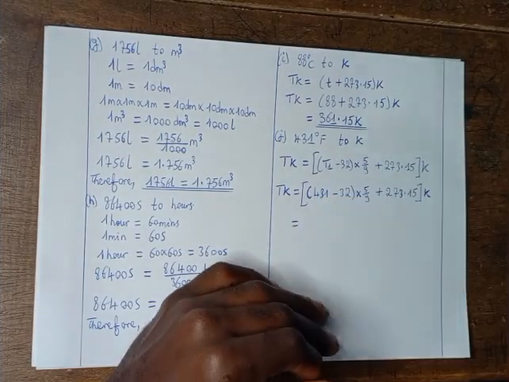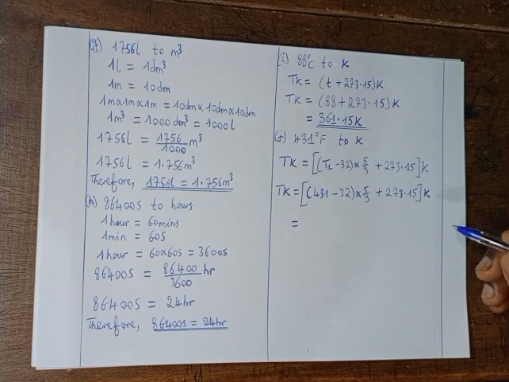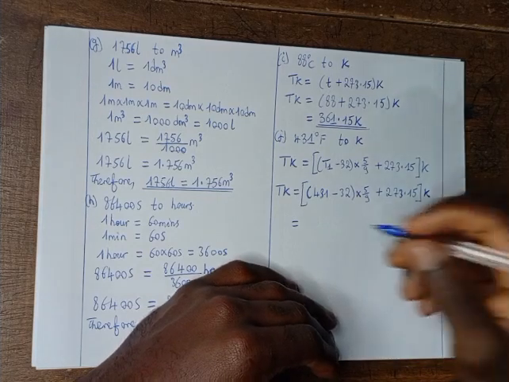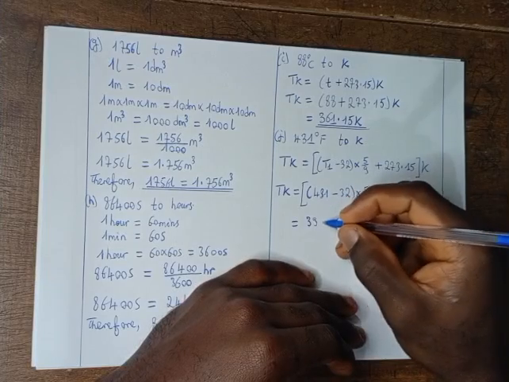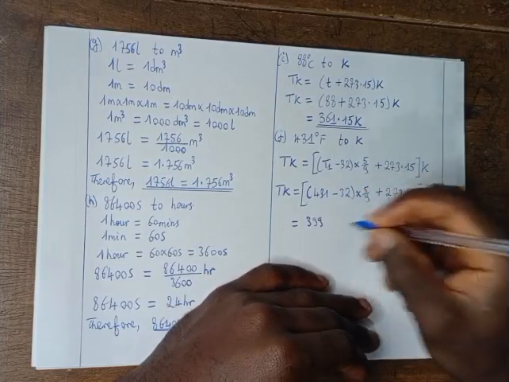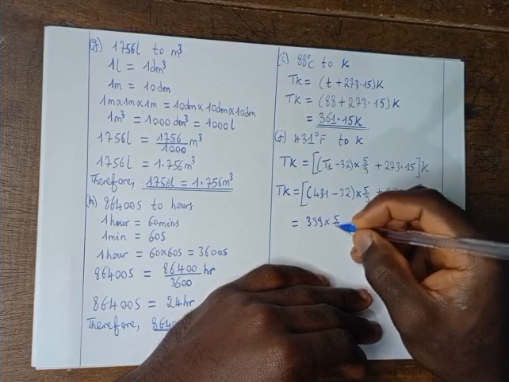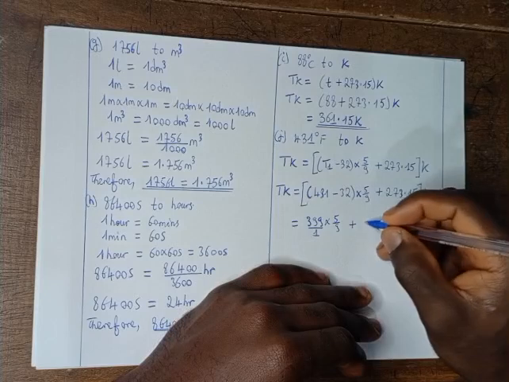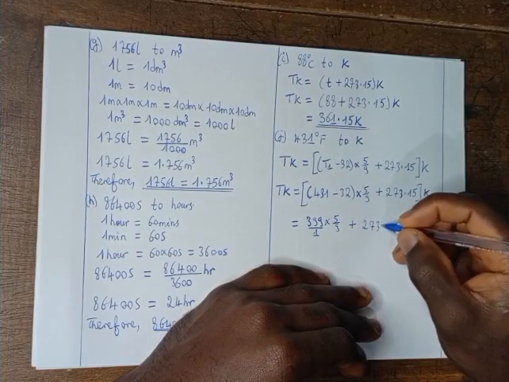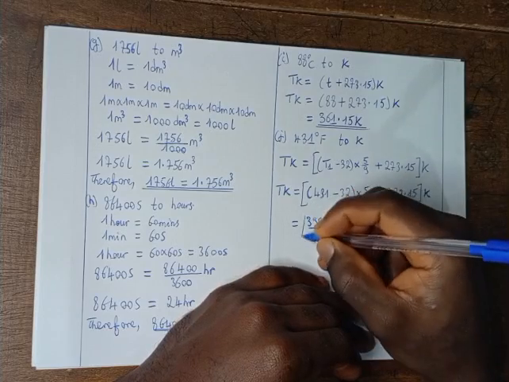So this will be equal to, if you take 431 minus 32, it will simply be equal to 399. We have to multiply 399 by 5/9 and write this over 1 plus 273.15. The unit will be Kelvin.